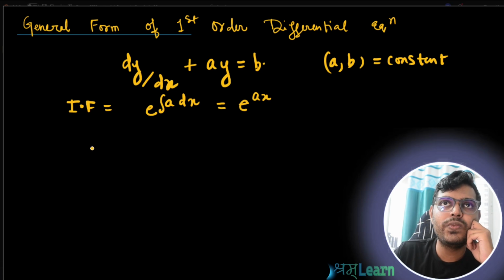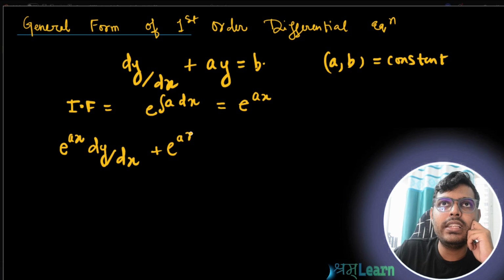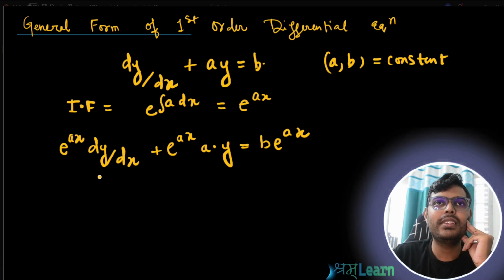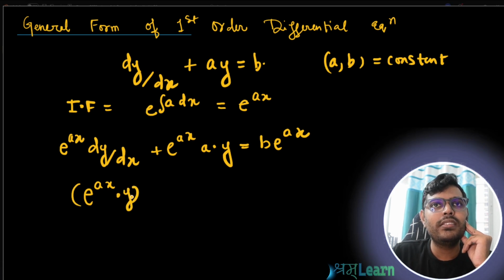So dy by dx times e to the power ax plus e to the power ax a y is equal to b e to the power ax. Okay, and if you see this side, this is nothing but the derivative of e to the power ax into y with respect to x, right? y is a function of x.